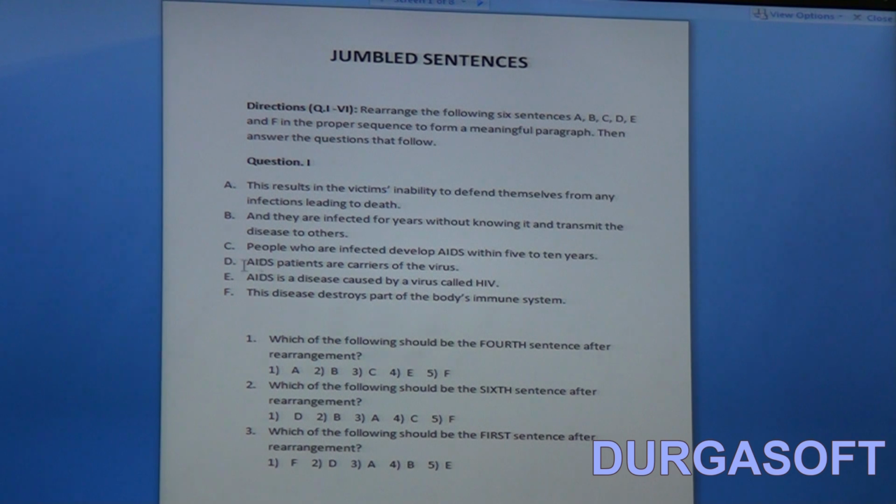So definitely there is some other sentence before this sentence. So we have eliminated it. So B is not the first sentence. So which other sentence? Tell me. Any idea?